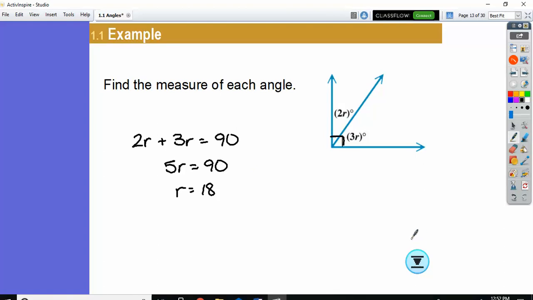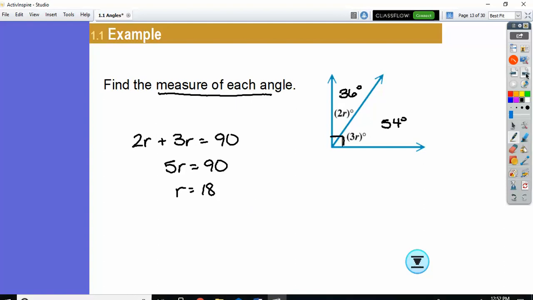But, am I completely done? I asked for the measure of each angle. So 2r, 2 times 18 would be 36 degrees, and 3 times 18 is 54 degrees. You can do a quick check, those two add up to 90, so we don't have any mistakes.